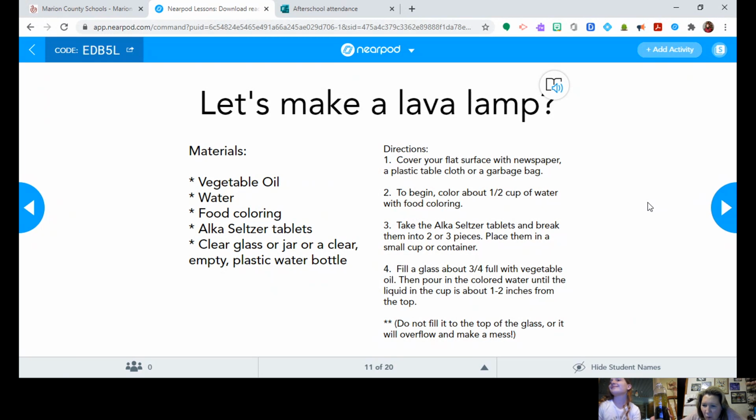Okay, now tell me, why does this work? What's the big word? Why does this work? Density. Right. What's more dense?